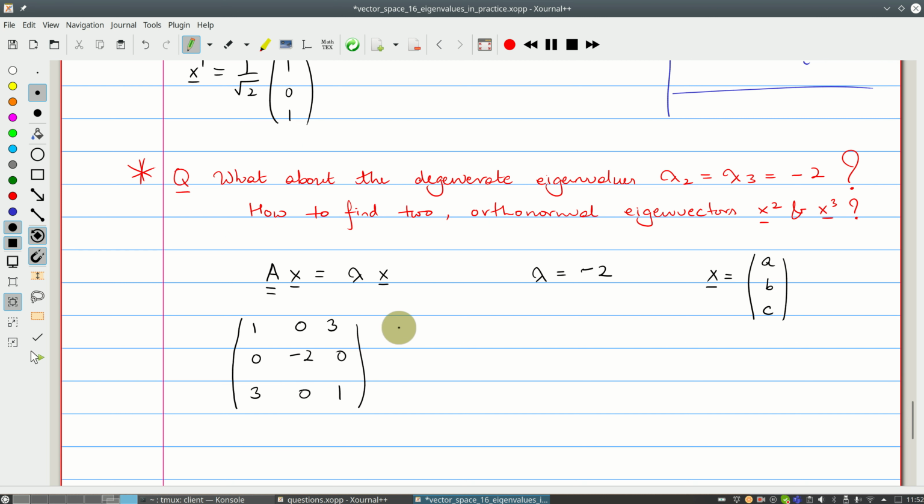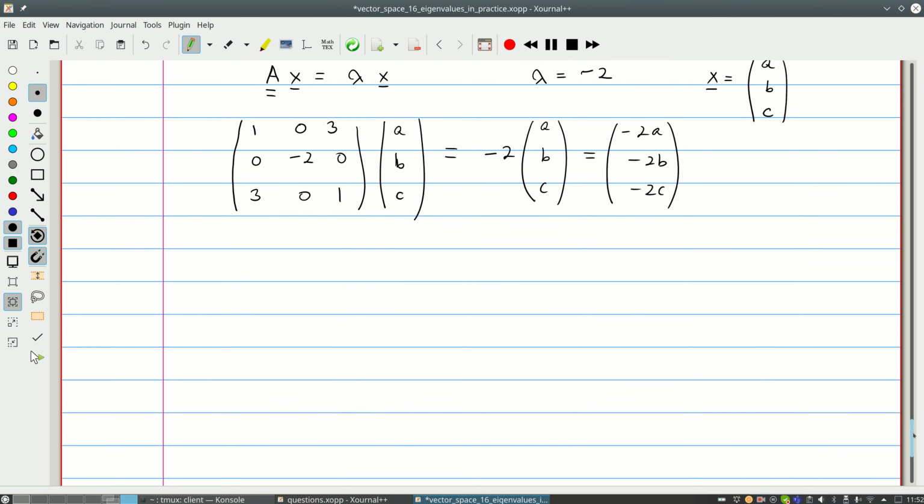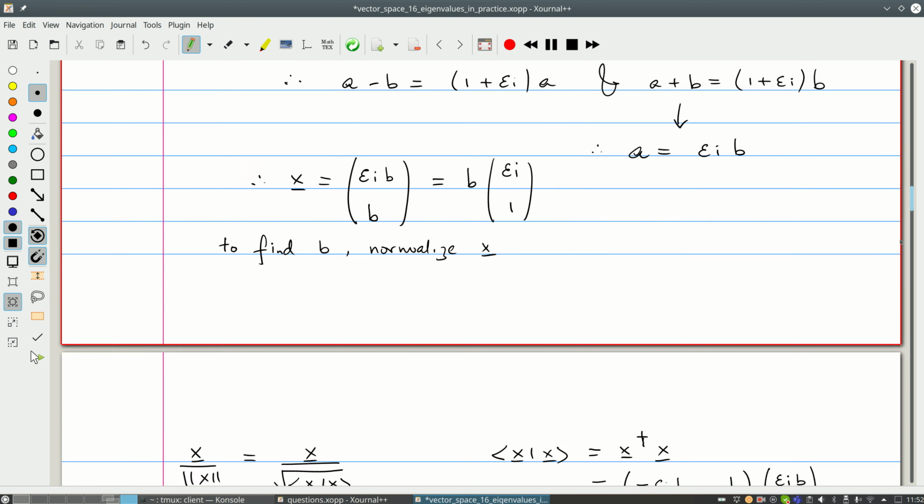That's a real symmetric matrix times x, which is a, b, c, and that's equal to lambda, which is minus 2, times a, b, c, and this is just minus 2a, minus 2b, minus 2c. Okay, so let's write down our equations for a, b, and c. We're going to need another page. Let's put that in there and go back down.